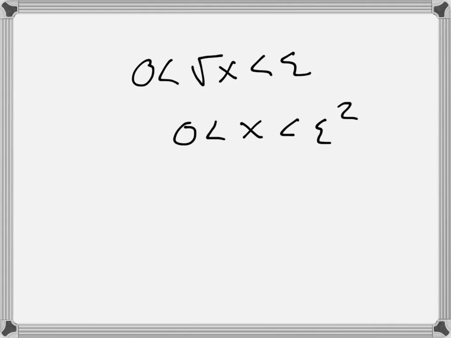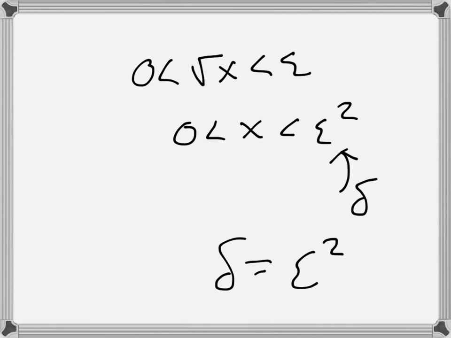So that's an inequality with x instead of square root of x, so this will be our delta. So we're going to choose delta to be epsilon squared. Now remember, all this work is not the proof, this is us figuring out things ahead of time. We're going to have the challenge tomorrow, but now I know no matter what epsilon he picks, I'm just going to square it. So now we can do the actual proof.